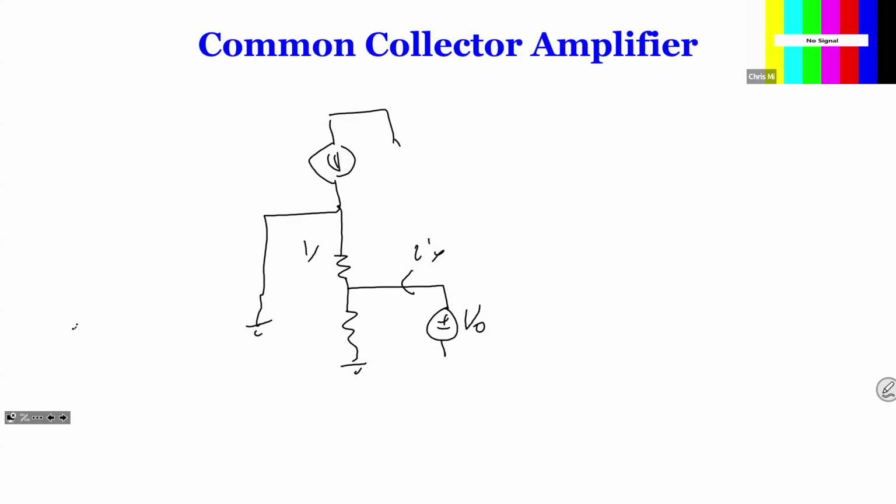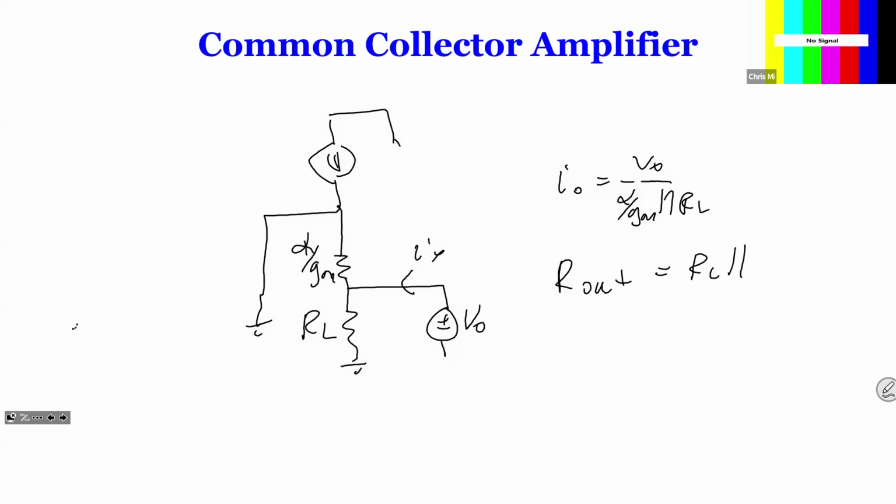Similar to the MOSFET, you know that this IO is basically VO over alpha over GM in parallel with RL. So your R out is simply RL in parallel with alpha over GM. Again, alpha over GM is a small number, about 100 ohm, while RL is 10K.